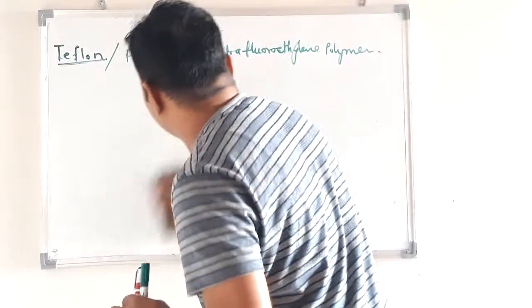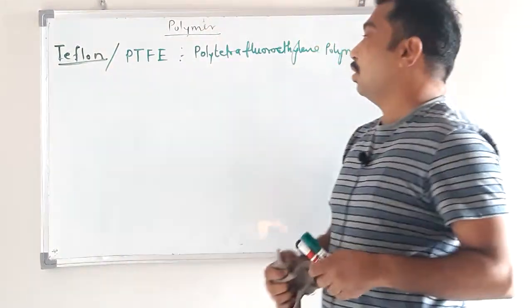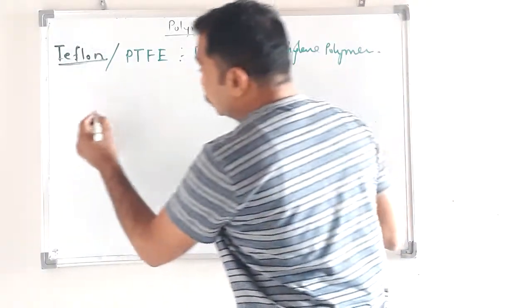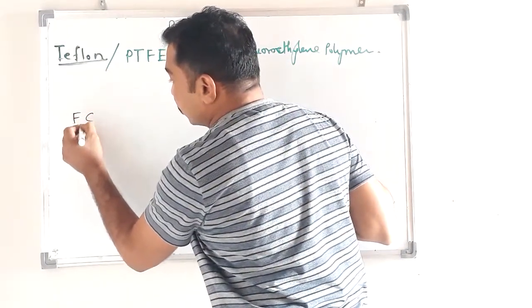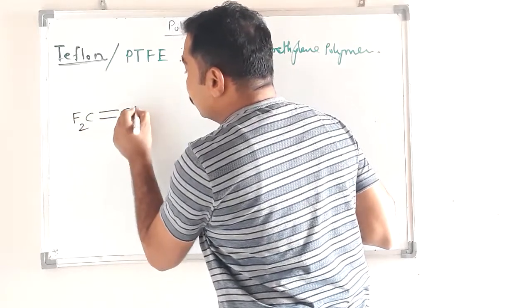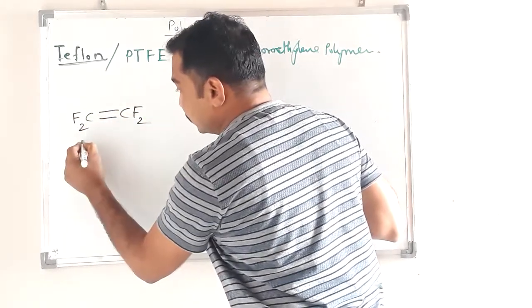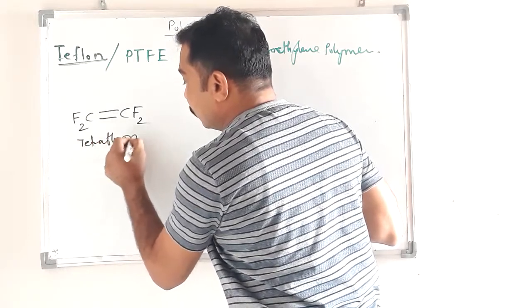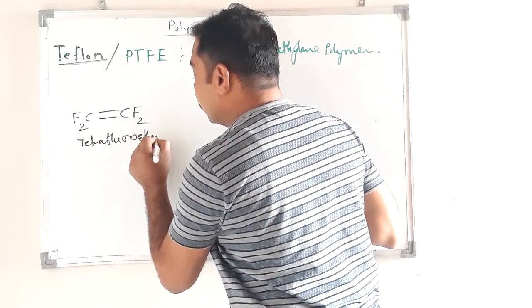for the preparation of this Teflon or polytetrafluoroethylene polymer, we have to use CF2 double bond CF2, that is tetrafluoroethylene.